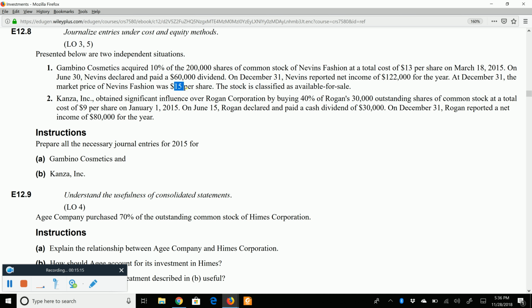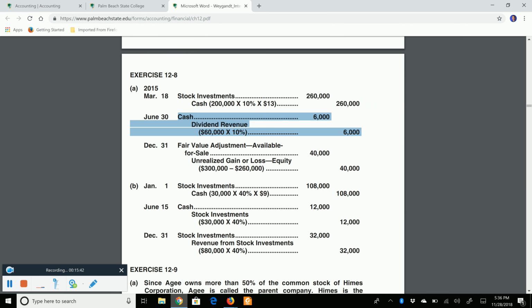In this case, the current market price is $2 more than the original cost. 15 market price, $13 original cost. That $2 per share, and remember we own 20,000 shares, we're going to need to record a journal entry. And this is a really important sentence too. The last sentence here says the stock is classified as available for sale.